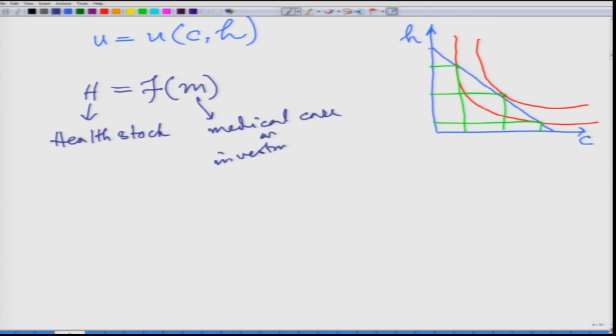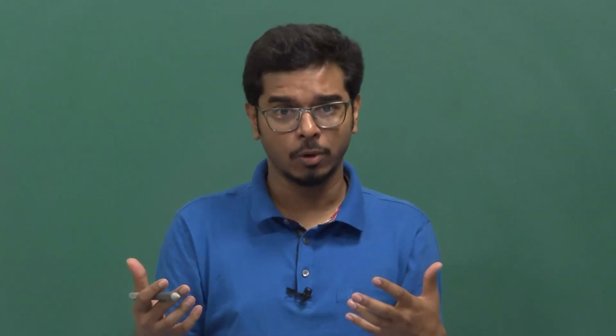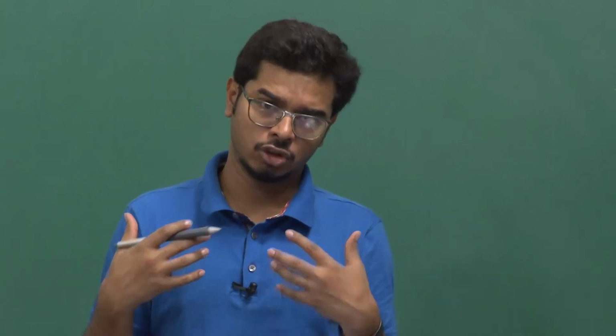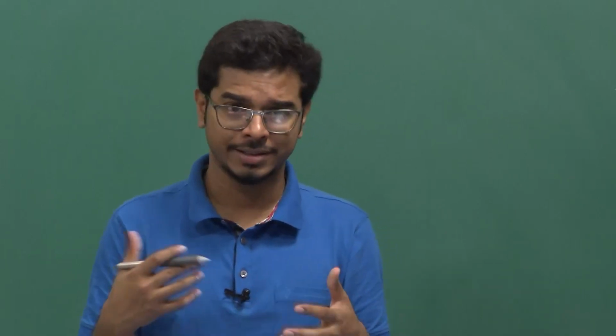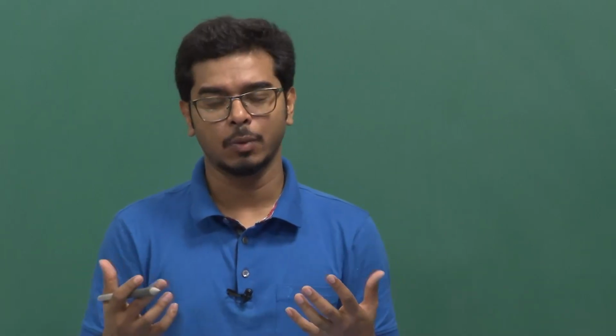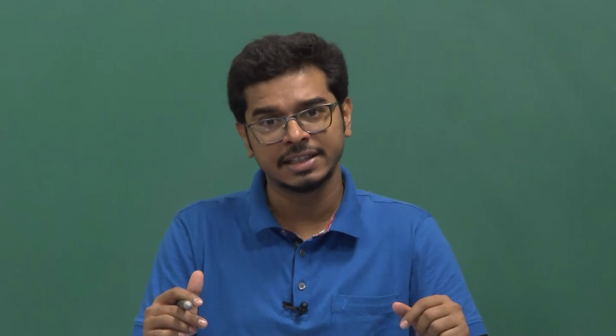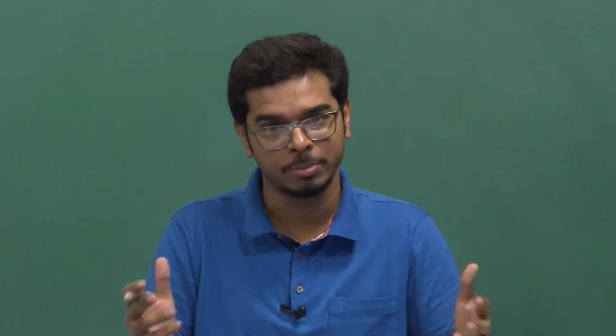Right. So my health stock is dependent upon how much I am investing in health. If I don't invest in health, naturally my health stock will be poor, and it always has decreasing returns to scale, because when you invest more and more in your health care to improve your health stock, after a certain while you are healthy, and even if you invest, you are not generating enough improvement in your health stock.